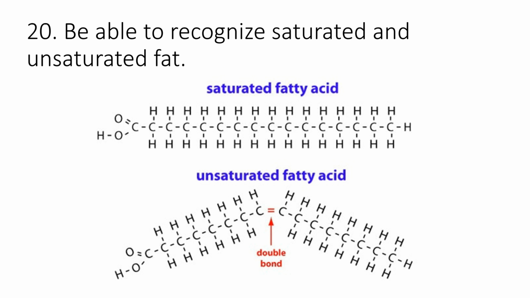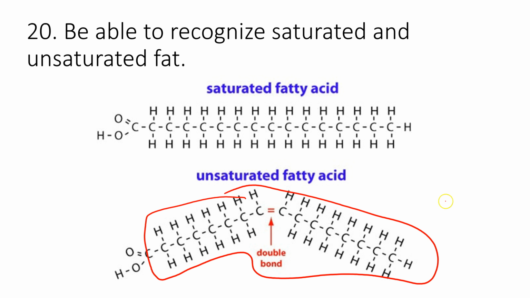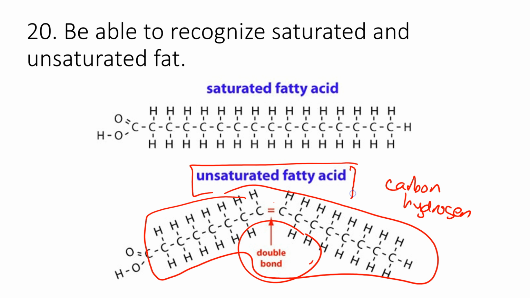Saturated and unsaturated fats. The way we tell is you look at the hydrocarbon chain. So hydrocarbon is basically a long chain of molecules that is purely made of carbon and hydrogen. So if you find that there is a double bond, as long as there's one double bond or triple bond, you're going to have an unsaturated fatty acid.